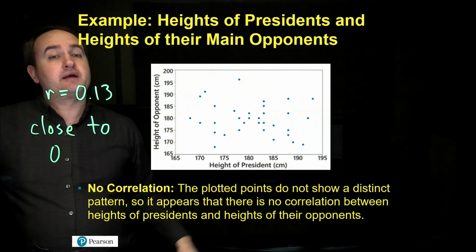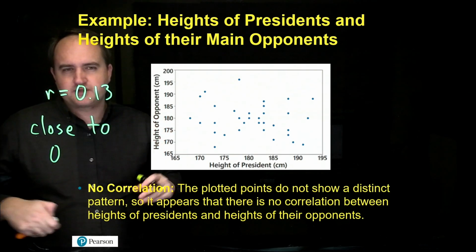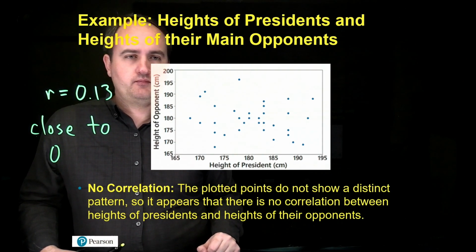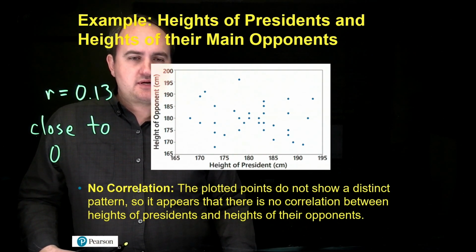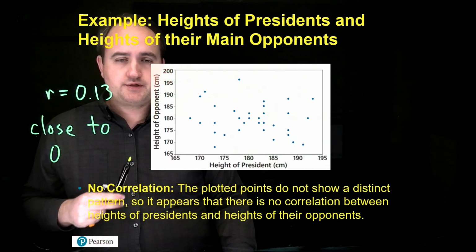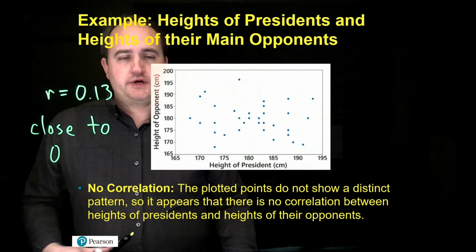It's called the least squares line. But for us, we're just trying to get the idea down. We're not actually going to be doing linear regression. So we saw close to 1 was linear correlation, and close to 0 would be no correlation.